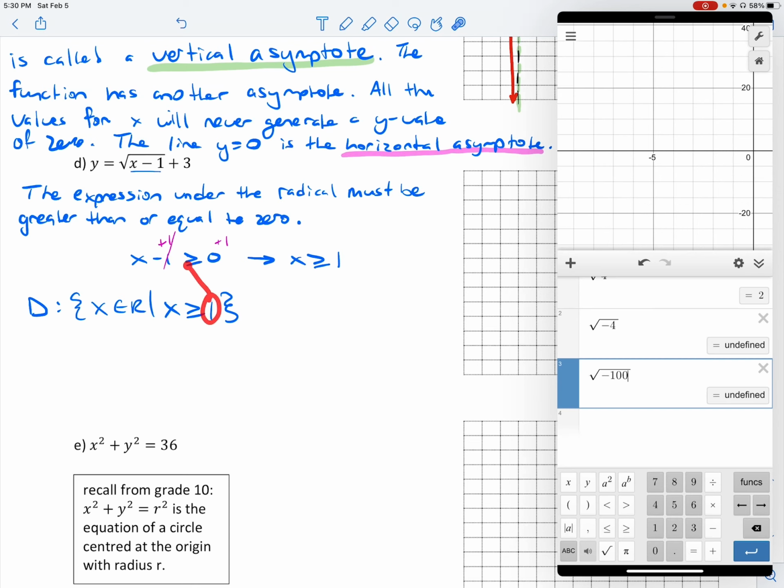Let's plug 1 in. 1 minus 1 is 0, so I have the square root of 0, which is just 0. If I put in something a little bigger, like 2, I'm going to have 2 minus 1, and the square root of that is just 1. So the smallest value I can get for this is actually just 0.